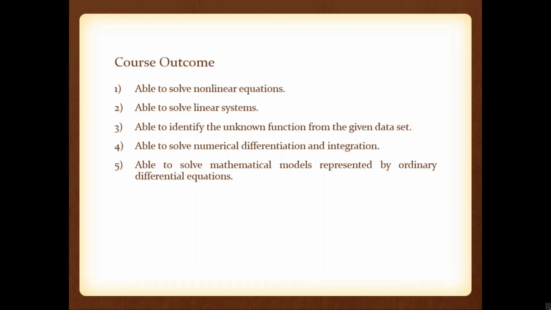From the given data, you have to find the new value. It is known as extrapolation. So this interpolation and extrapolation is the third course outcome. You will be able to identify the unknown function and then the unknown data from the given data set. That is third module and fourth module combining, we have the third course outcome.